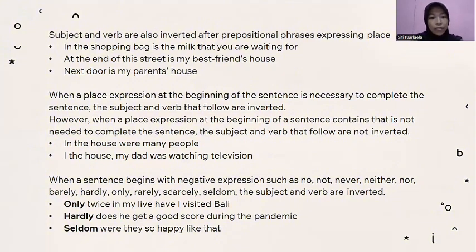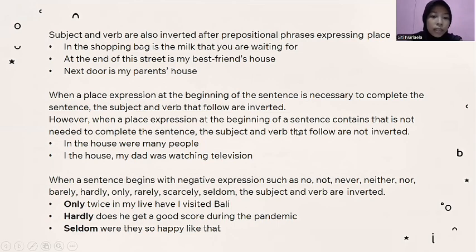When a place expression at the beginning of the sentence is necessary to complete the sentence, the subject and verb that follow are inverted. However, when a place expression at the beginning of a sentence is not needed to complete the sentence, the subject and verb that follow are not inverted.